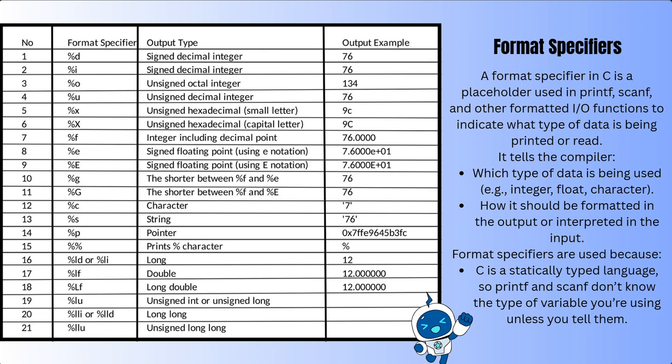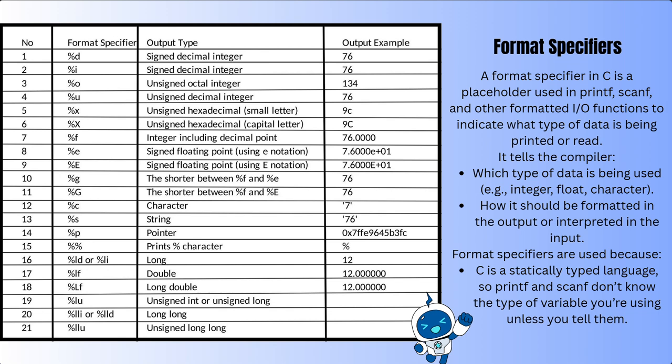It helps the compiler understand what kind of data we have to print, so it is for the compiler to understand, not for the programmer or the user. It defines how the data should be formatted in the output or interpreted in the input.